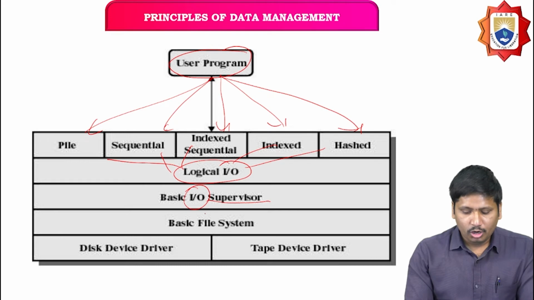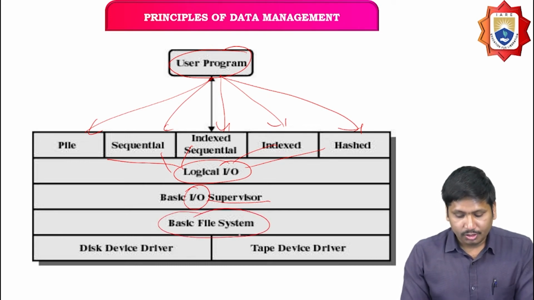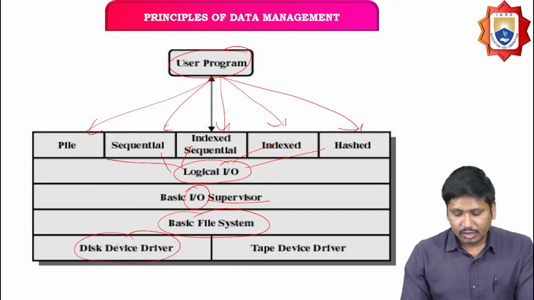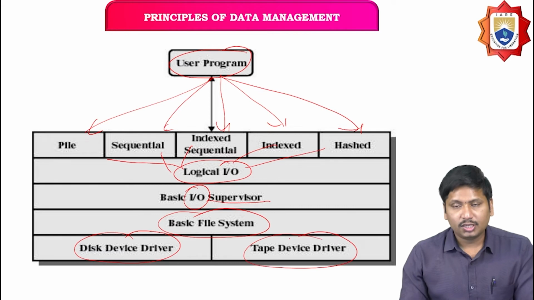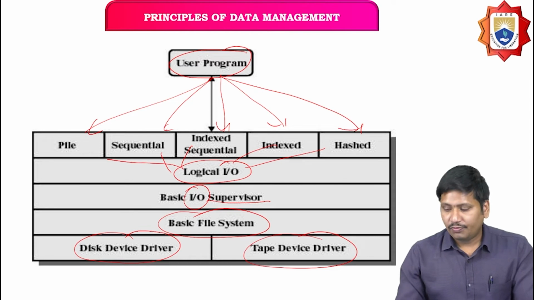And then basic input and output performs supervisor operations. Below that should be the basic file system. The basic file system is the base of this semantic view of the file system. And then the disk device driver and tape device driver. These are below the file management system. So this is the semantic view of the file management system.